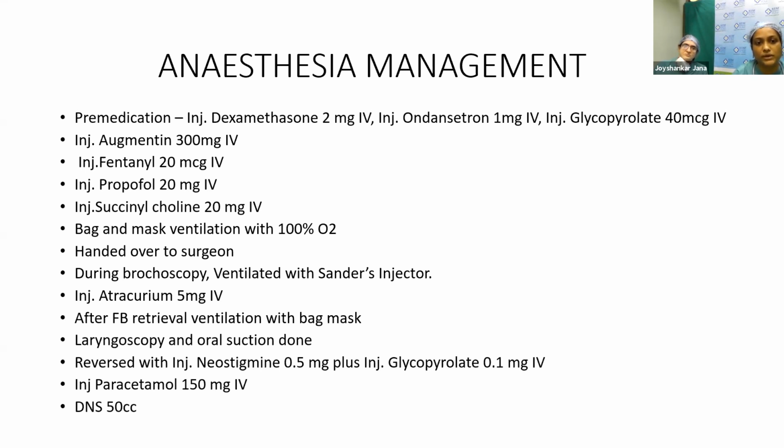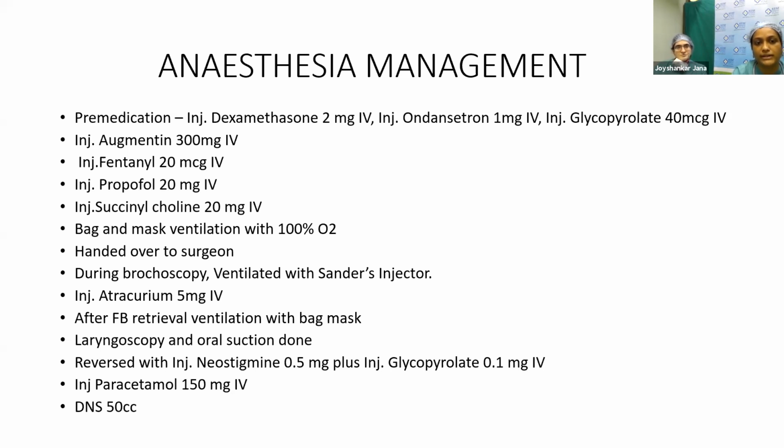Then during bronchoscopy, we ventilated her with Sanders injector. When the surgeon removed the first small piece of the glass, at that particular time, we gave her injection atracurium 5 mg IV in view of anticipation of a prolonged procedure and to keep the child completely immobile as it was a sharp foreign body, so as to avoid any further trauma to her airway.